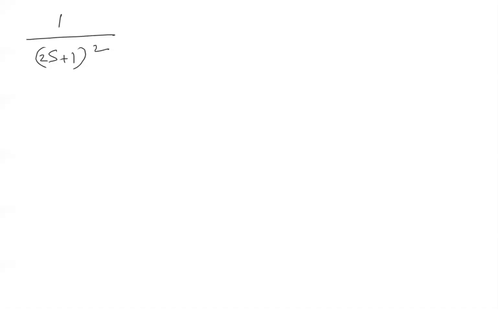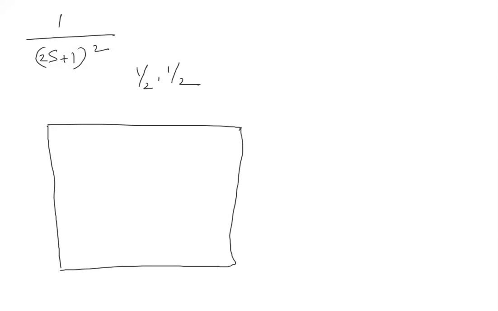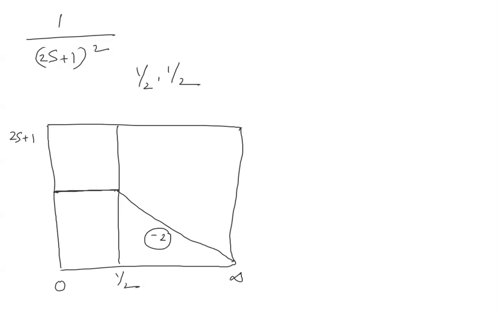So here you have two corner frequencies, 1 by 2 and 1 by 2. Minus 2 slope, because 2s plus 1 appears 2 times. 0, minus 1, 0, minus 1.